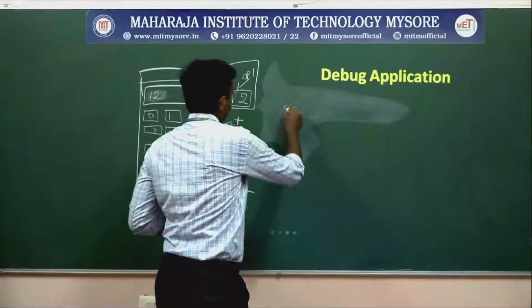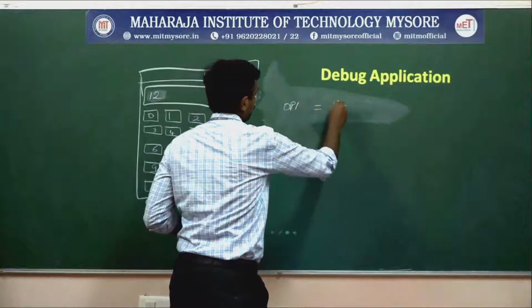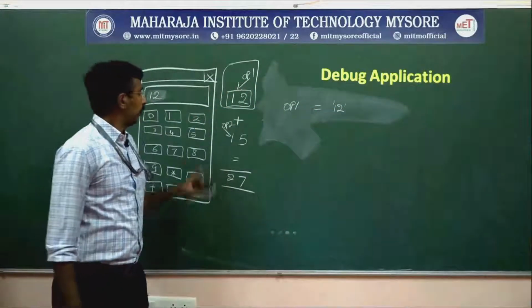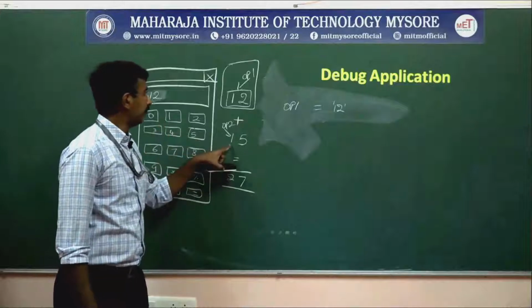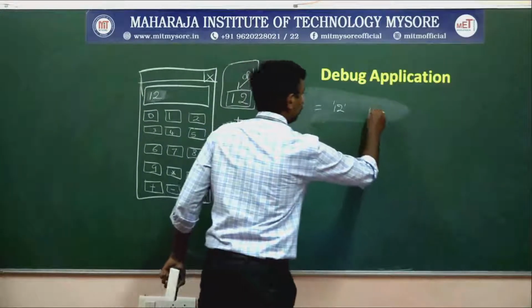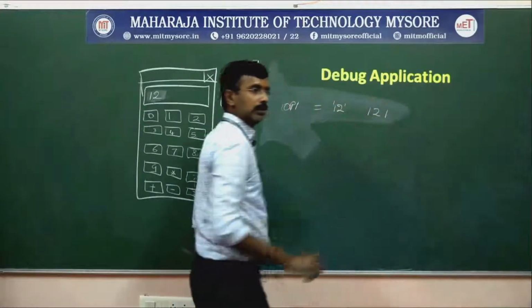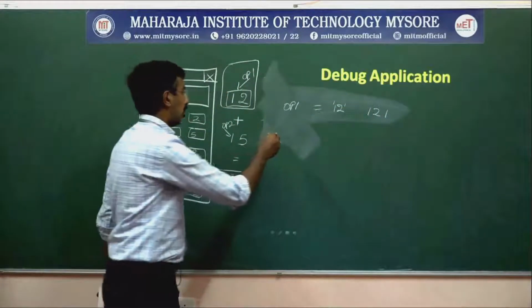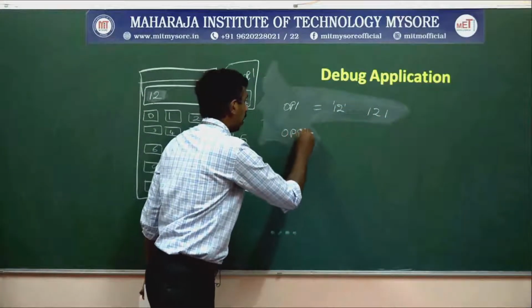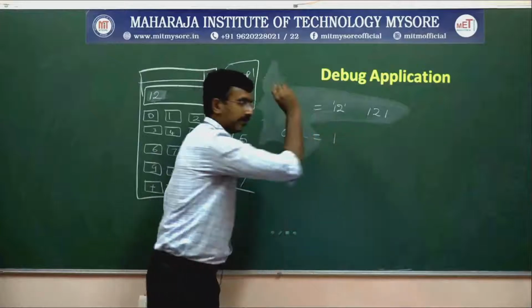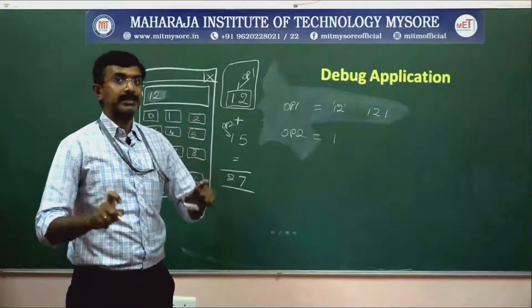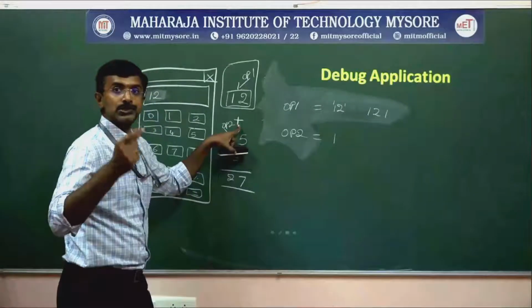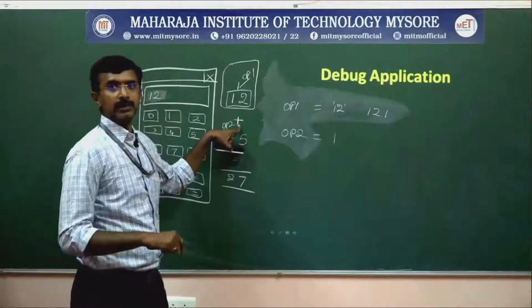what is operand 1? Operand 1 is having 12 as its number. Now when you click 1 one more time, should it be added to the existing 1 to become 11, or should it go to operand 2 as 1? The correct thing is, you need to bring the second number after the selection of your operator.